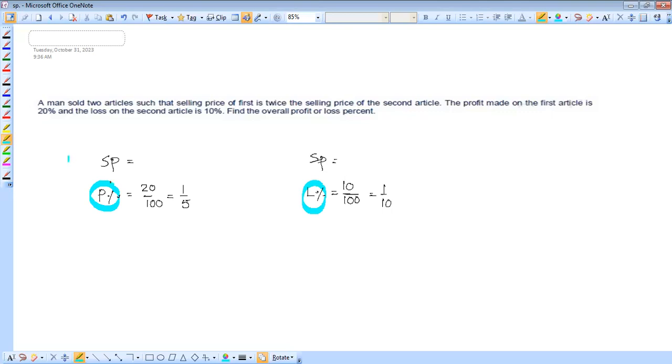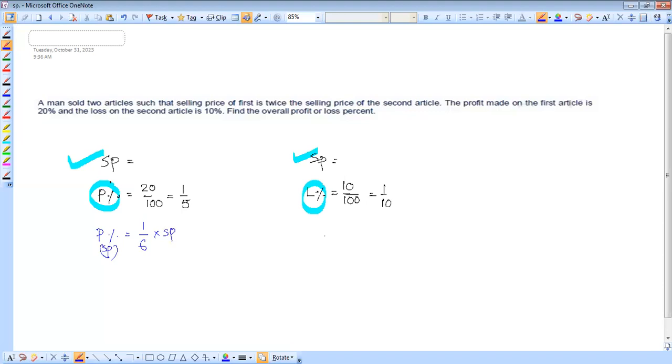Here the cost prices are not given, selling prices are given. So the point is you should convert them into the profit percentage calculated on the selling price. You know the concept. 1 rupee profit on 5 rupees cost price. So selling price would be 6. Profit percentage will be 1 by 6. Now I can take 1 by 6 of the selling price.